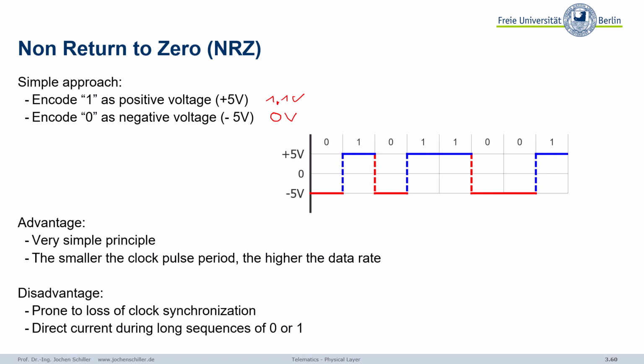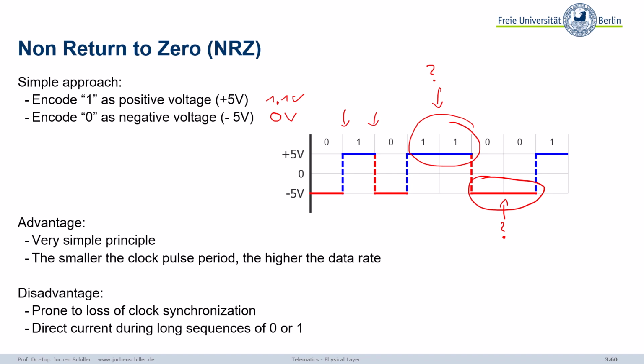The disadvantage is, how do we synchronize? How do we synchronize, especially if we have longer sequences of zeros and ones? So how should I know that now a new bit follows? So the receiver has to be synchronized, and it's very simple to synchronize if you have the edges. You sync on the edges, and then you know if you have these 10, 10, 10 patterns, it's easier to synchronize.